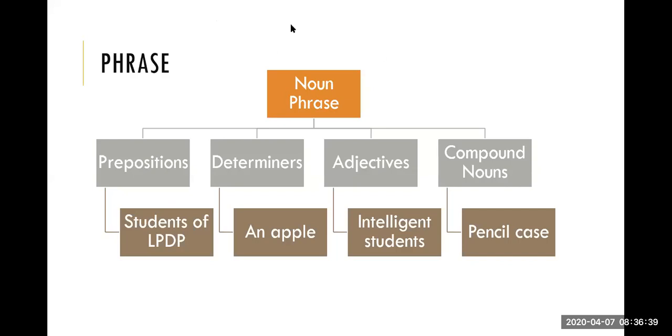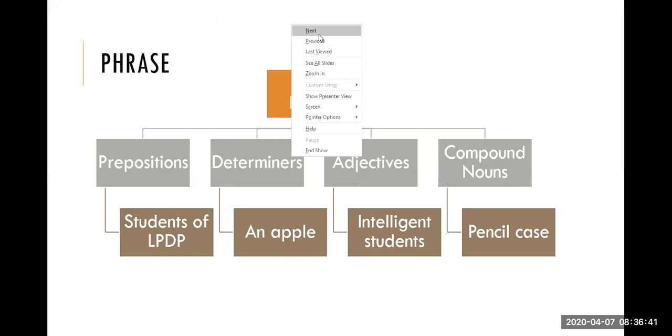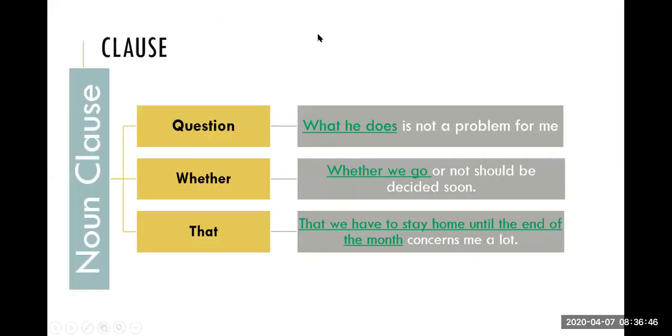Okay, and the last one is clauses. This is what we call noun clause. Okay, when we form noun clause, it can be from questions, it can be from the word whether, or we start with that.